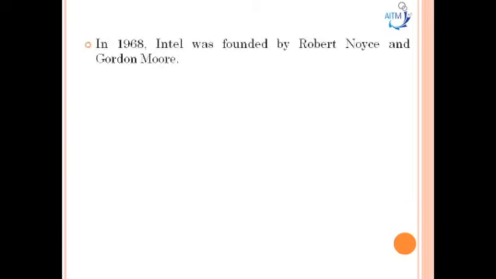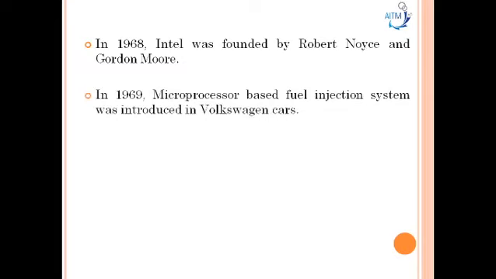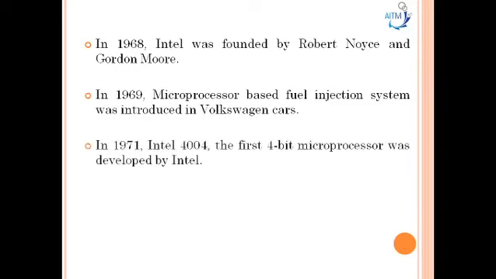Then in the year 1968, Intel was founded by Robert Noyce and Gordon Moore. This was the beginning of Intel, which led to the evolution of microcontrollers and microprocessors. In the year 1969, a microprocessor based fuel injection system was introduced in Volkswagen cars. In 1971, the first 4-bit microprocessor, the Intel 4004, was developed by Intel.